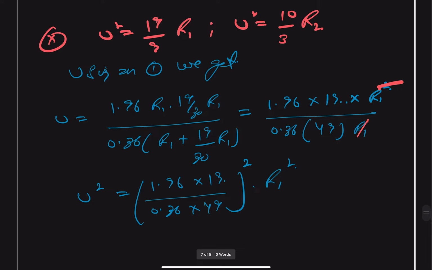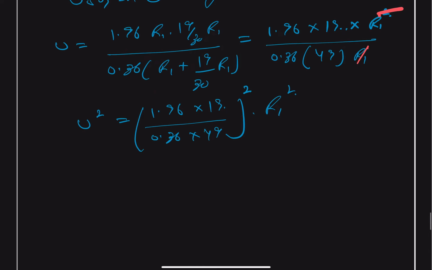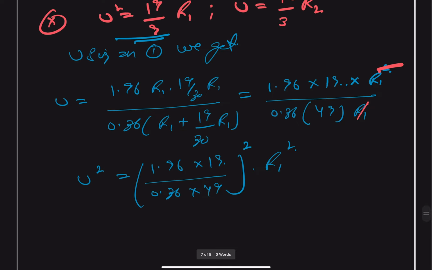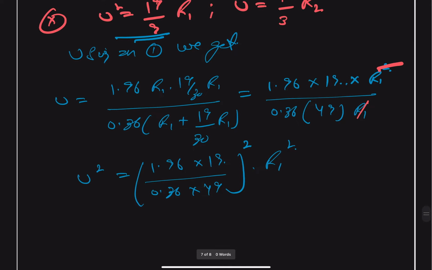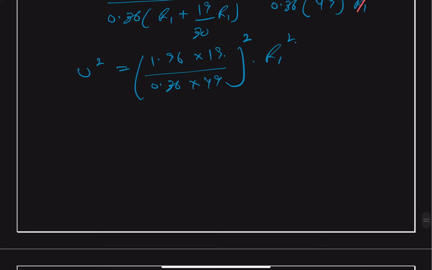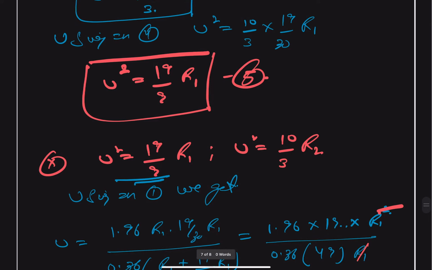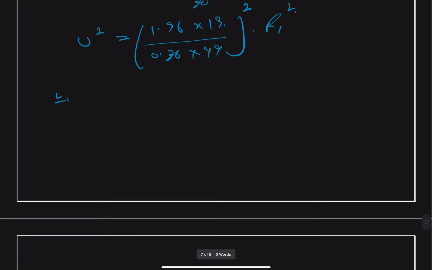Now V square and R1 we already know the relationship, so we substitute here, we get 19 by 9, and that was the relationship, equation number 5.